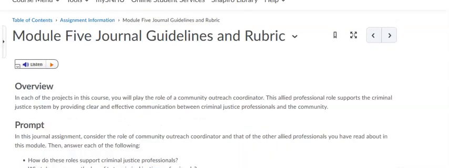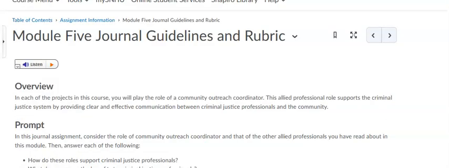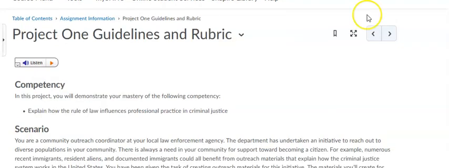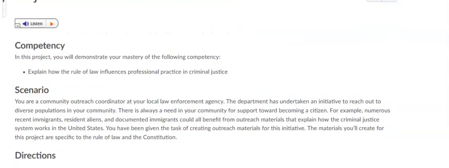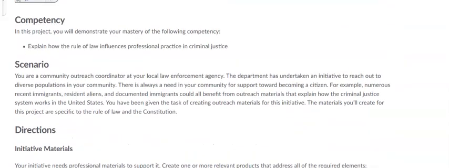Project 1. Let's go back to Mod 5 for a minute here. Project 1, guidelines and rubric. Again, scrolling down. Now this is where the rubber hits the road, proverbially.